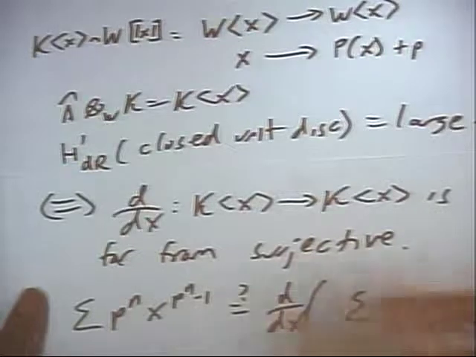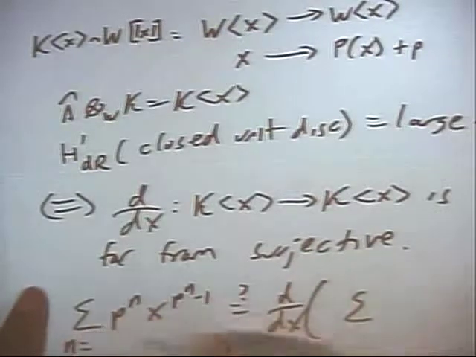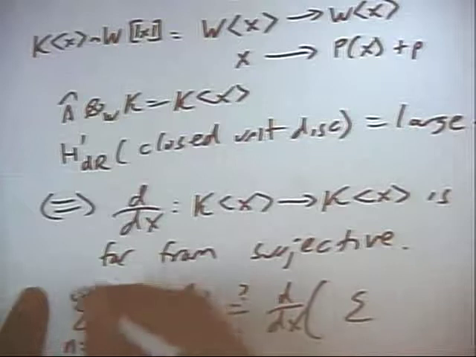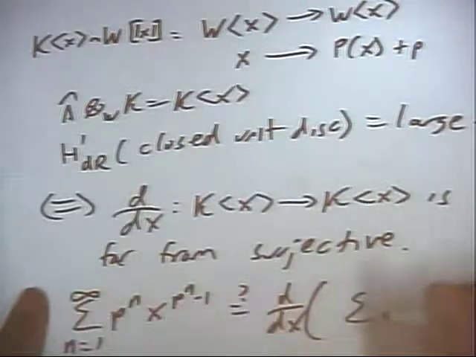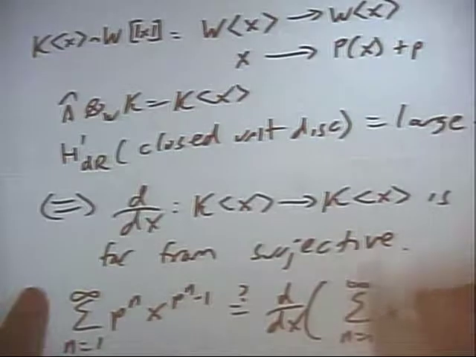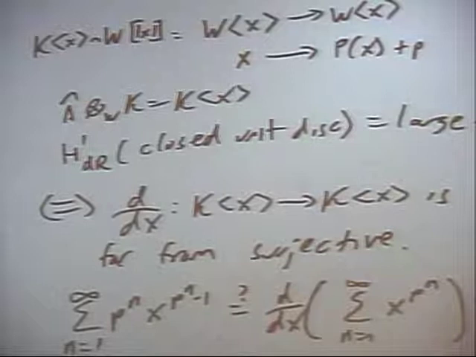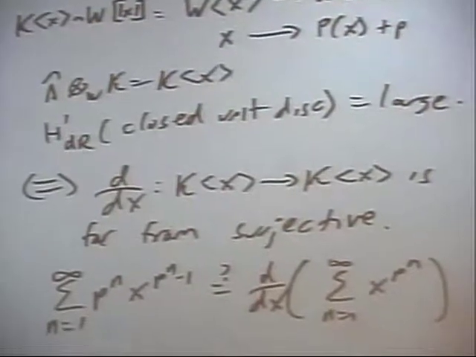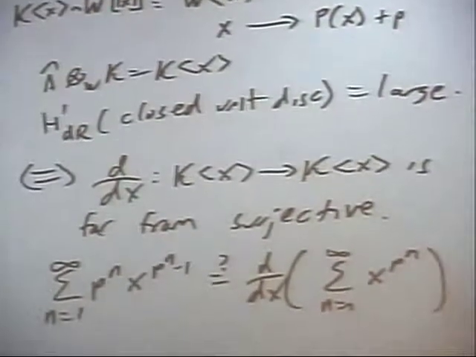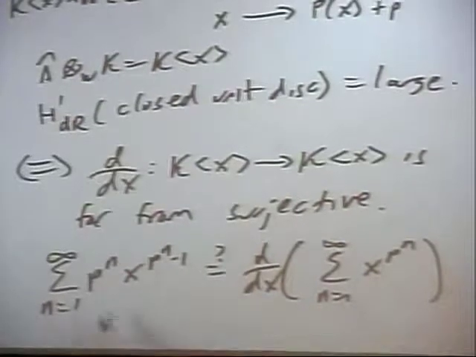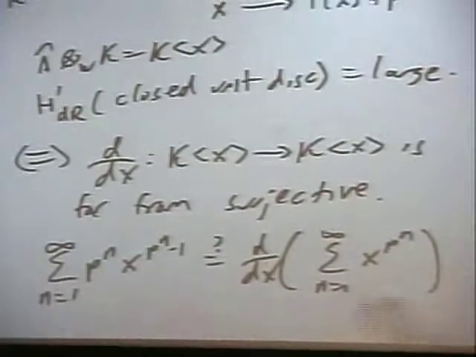And then I get, so if this sum runs from n equals, I don't know, 1 to infinity, or could start from 0, that'd be fine too, then I'd get the sum over here of x^(p^n). And now we have a bit of a problem, which is k⟨x⟩ consists of series whose coefficients converge to 0 as n goes to infinity, p-adically, that is. And this series has that property, but this series does not.